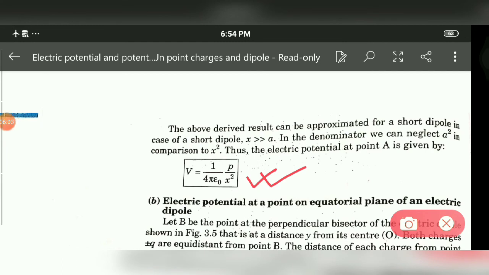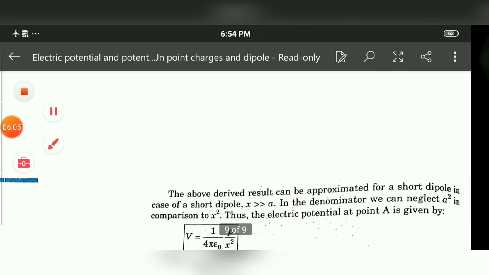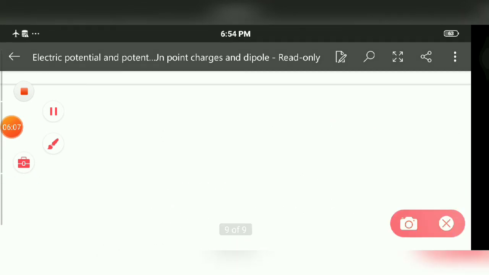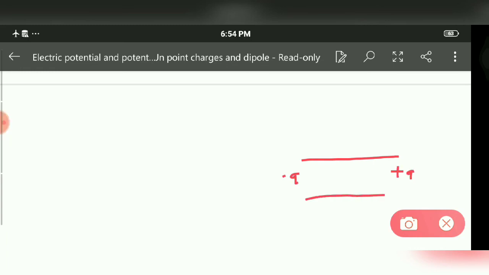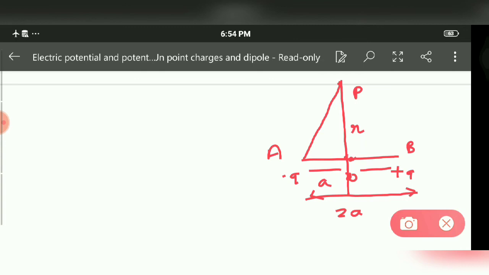Now come to the equatorial point. For equatorial, say this is the dipole, minus charge, plus charge, distance between the two is 2a. Say this is the center point O, this is A, this is point B, and this is the equatorial line passing through the center. This is the point P where we have to find the potential. Distance from O is r, this is a, this is also a.